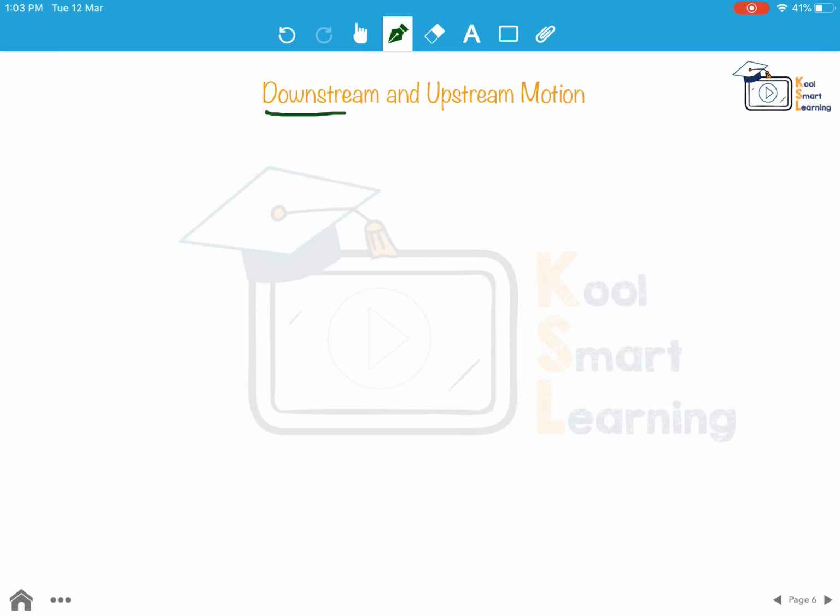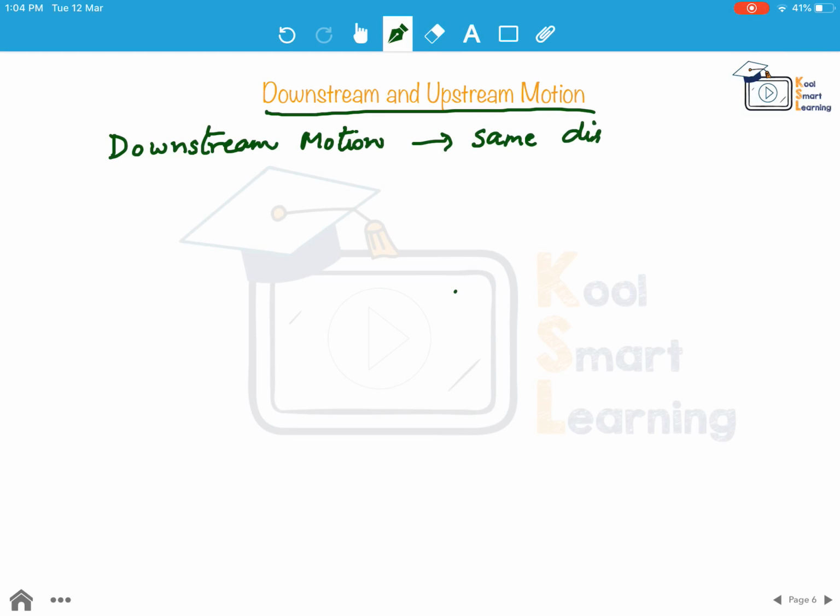Now let us talk about the downstream and upstream motion. What does the term downstream motion mean? Downstream motion means that the object is moving in the same direction as the motion of the medium.